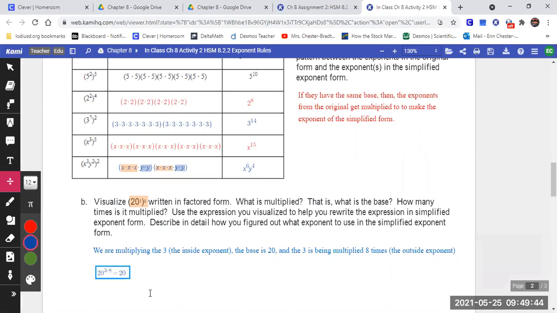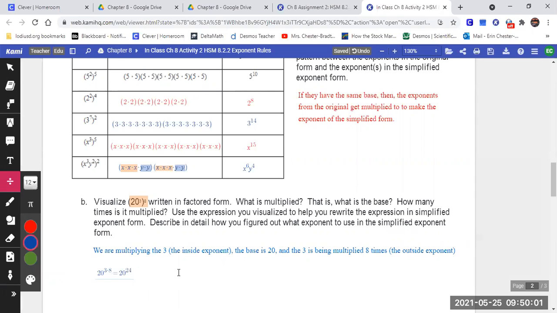Three times 8, guys. 24. So 20 to the 24. That is a gigantic number, by the way.